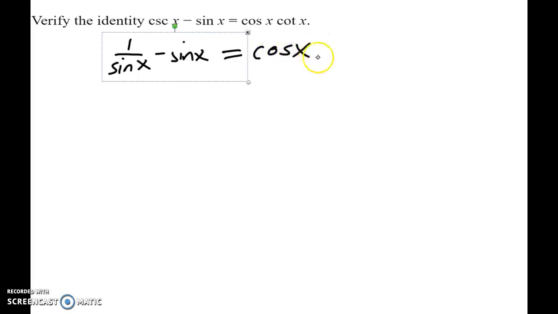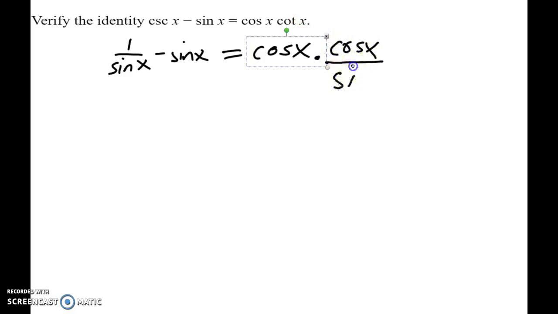We're going to trade the cotangent to be cosine over sine. Okay, so that's strategy 1. Express everything in terms of sine and cosine.